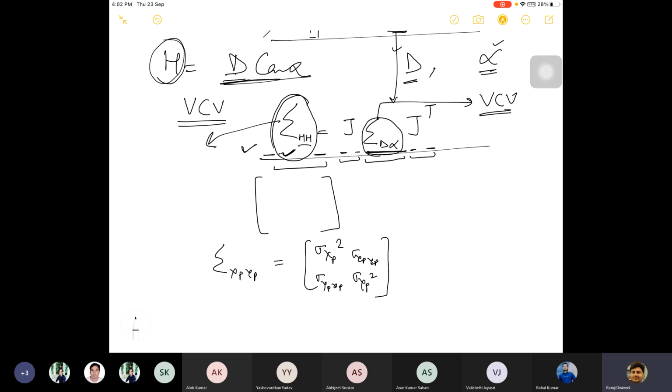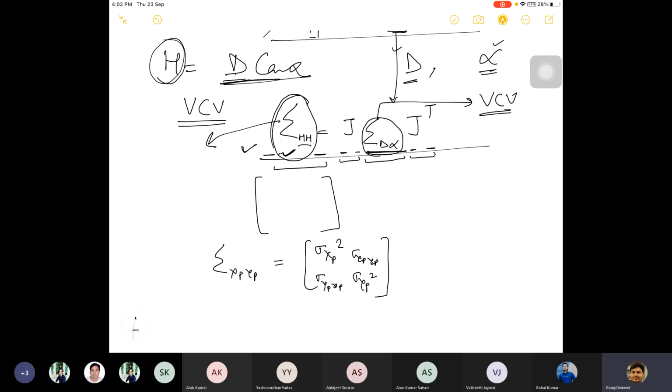When Abhijit told the dimension is 1 cross 1, that means only sigma h square is there. Had there been variables h1, h2, h3, h4, then there would be a possibility of sigma h1 square, sigma h2 square.